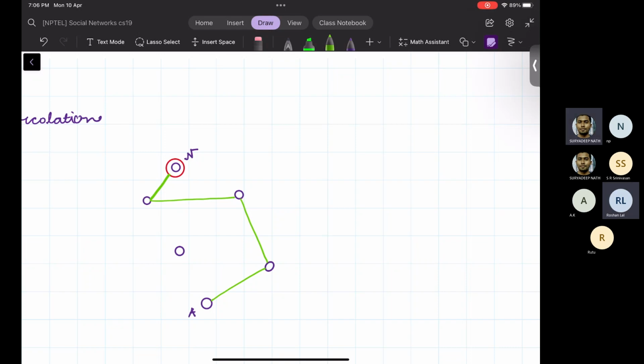But I am asking right now regarding the open edge. Wait, let me draw. If node A is an immediate node of the infected node, then there will be at least one path and one open edge. Okay, then in that case, if a path exists like this, from N to A, A is susceptible.